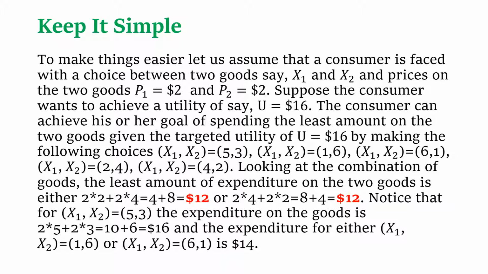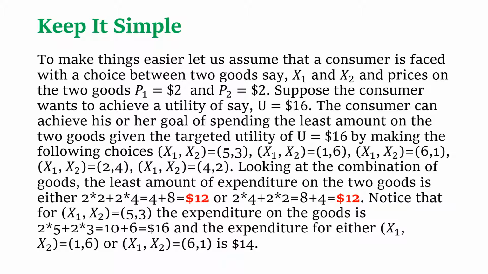So let's take, for example, a situation where a consumer consumes only two goods, X1 and X2, right? And let's say the prices are the same for both goods: P1 equals 2, P2 equals 2. Now, suppose the consumer wants to attain a utility of U equals 16.